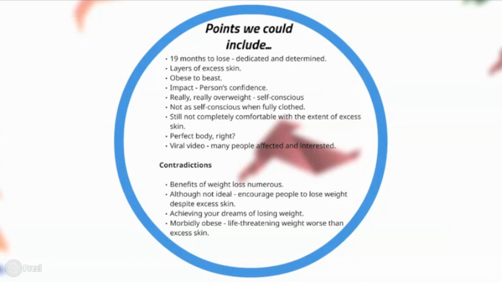We could talk about the impact that weight has on a person's confidence. We could look at the phrase really, really overweight and the fact that he is self-conscious. We could talk about the fact that he's not as self-conscious when fully clothed, although he's still not completely comfortable with the extent of excess skin.